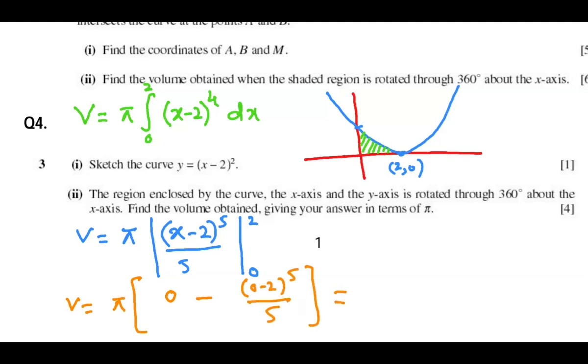So what's the answer in terms of pi? 32 by 5 pi. ऐसे ही, minus 2 power 5 is minus 32. Already एक minus है, so plus 32. So 32 by 5 pi. If you want to write in decimal, so it is 6.4 pi. Is this 6.4? Yes.